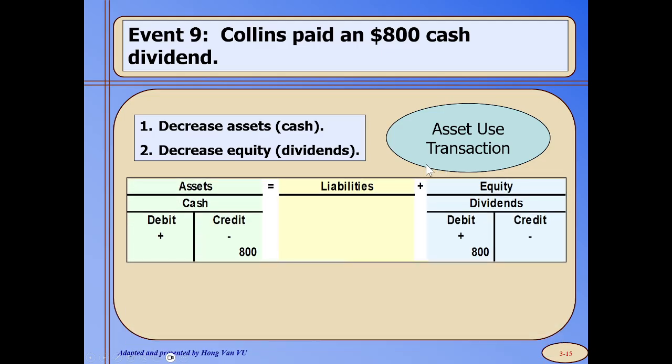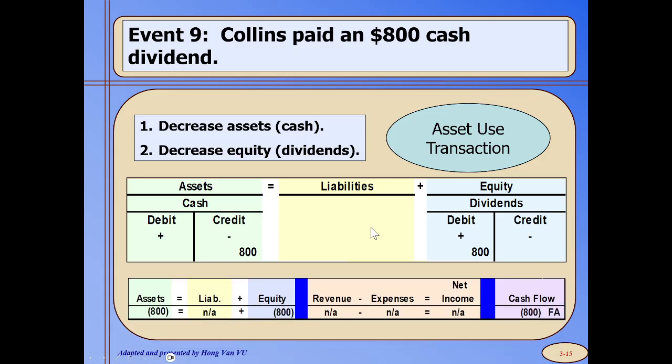Here is an illustration of the impact on the T account. For assets, there's the impact on cash, a decrease, so we have it on the credit side. For equity, the dividend account increases, so we have a debit side, because if you increase the dividend, it means that you decrease the equity. And as usual, you can see the impact of this transaction on the financial statements model.